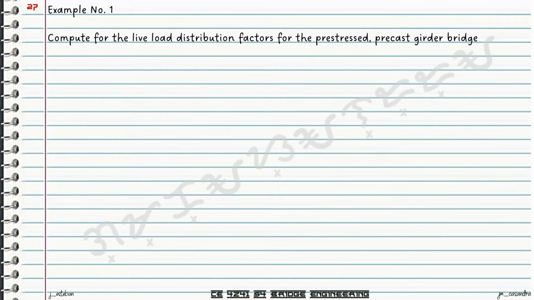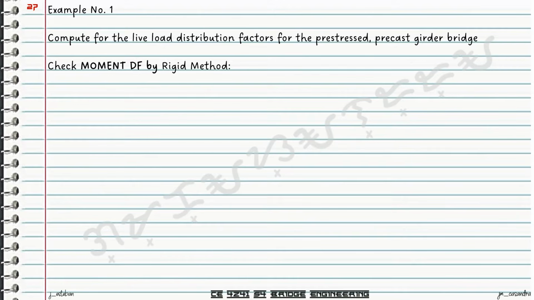So before we move on to the computation of the distribution factors for shear for our interior and exterior beams, we have to check first the moment distribution factor by the rigid method. So take note that for slab on girder bridges that would contain diaphragms, the distribution factor for exterior beams must not be less than that which would be obtained assuming that the cross-section would deflect and rotate as a single rigid unit.